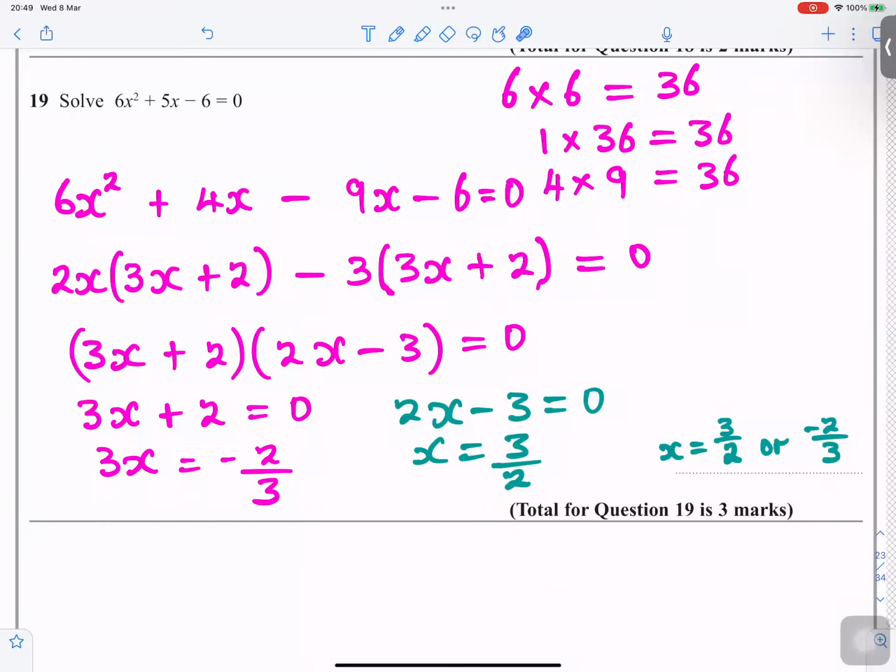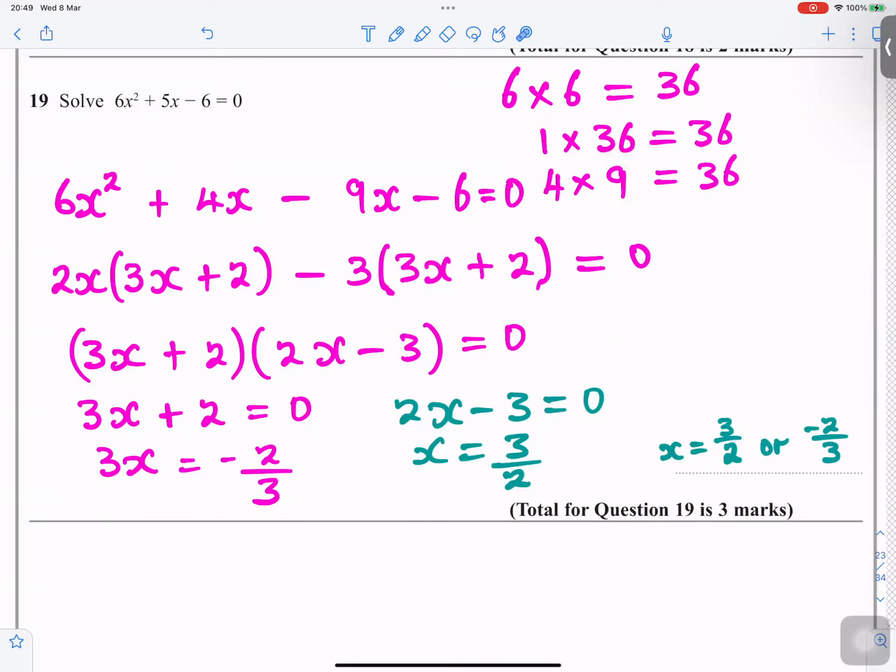Number 19, solve 6x squared plus 5x minus 6 equals 0. We can do it by factorizing, or you can use the quadratic formula, but I'll do it by factorizing. We do 6 times 6, it gives me 36. I find the factors of 36. 1 times 36 is 36. 4 times 9 is 36.